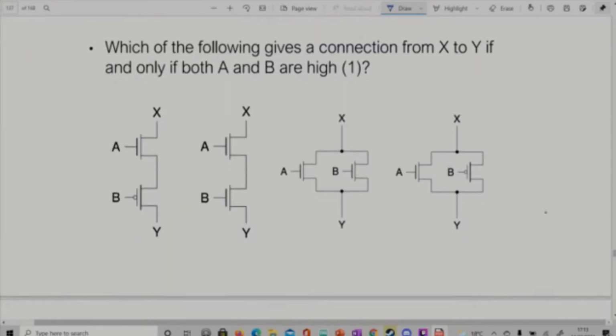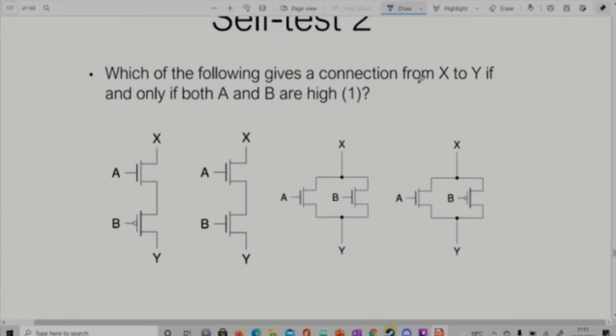Number 2. Which of the following gives connection from X to Y if and only if both A and B are high? Well, let's discuss this. So what is high? High equals 1, low equals 0. Essentially, that's it. So let's say, what if they're both 1? So let's draw a little truth table.